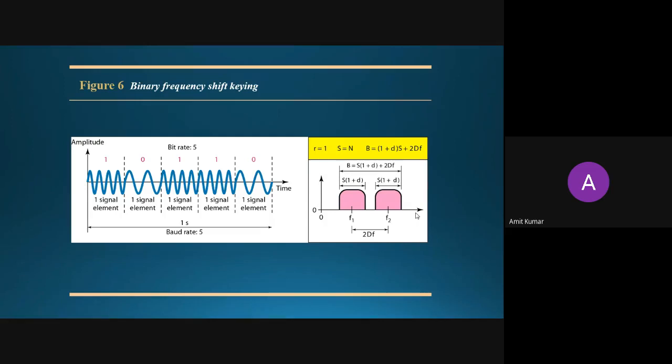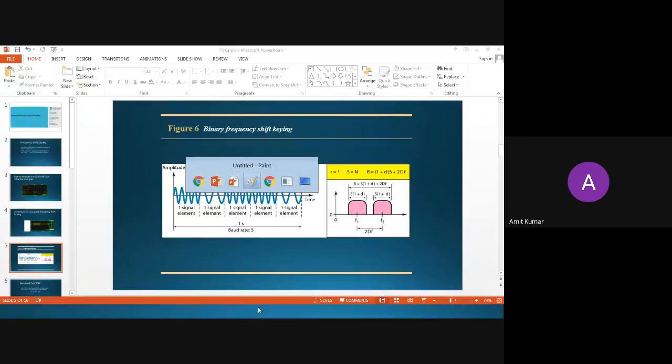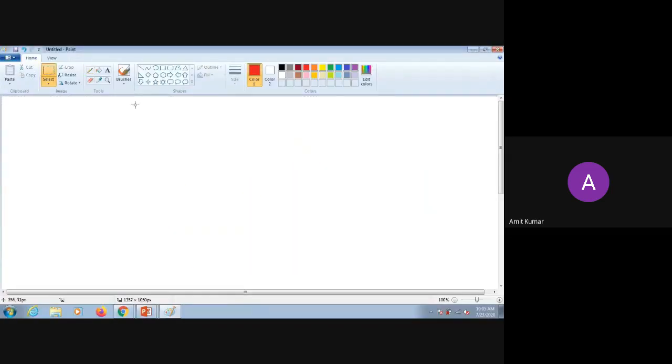Now, we have made ASK, FSK, and PSK, so there should be some advantage over ASK. What are the various advantages we will see? Now, if you see your signal, your input signal or the transmitted signal will be like this.